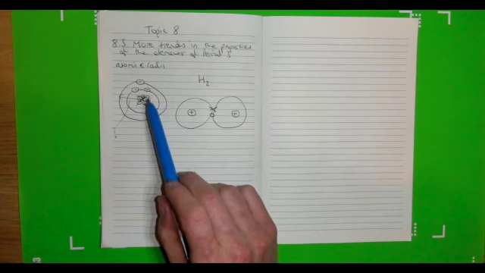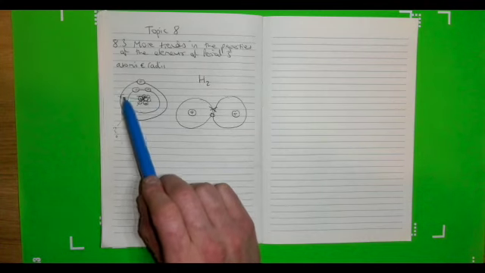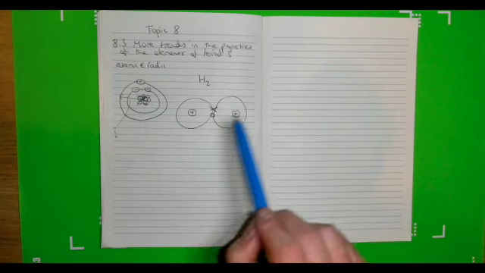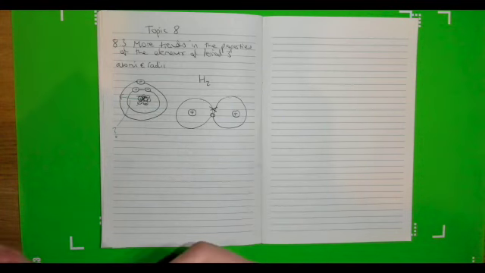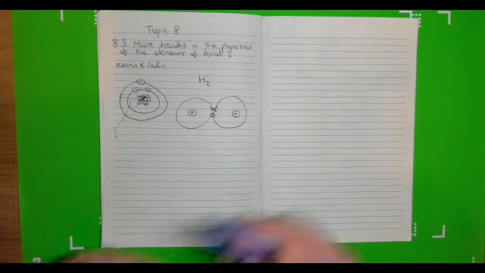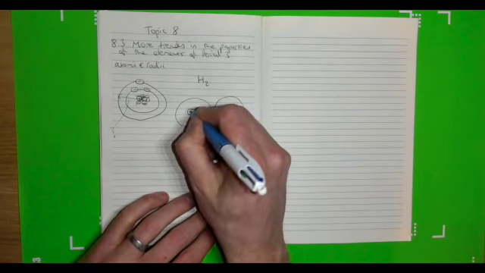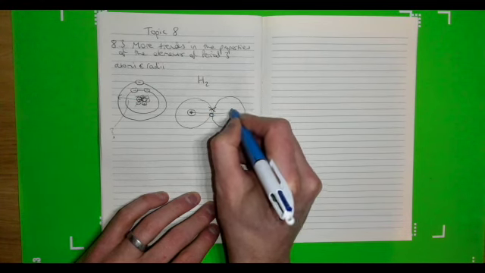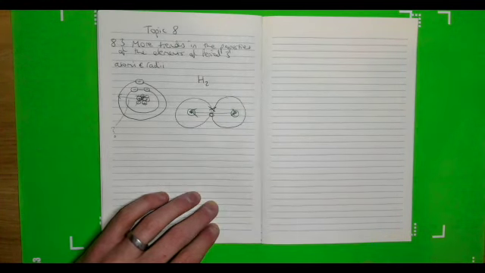Because the distance between the nucleus and the edge of the atom is really difficult to measure, we're doing it a different way. What we do is we measure this distance from the centre of that nucleus all the way to the centre of that nucleus there. We measure that distance and we half it.